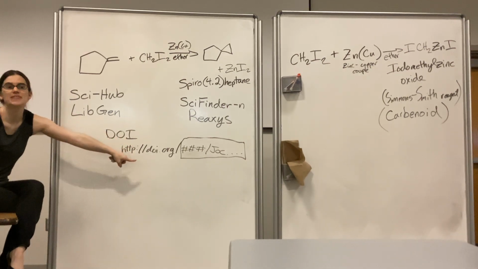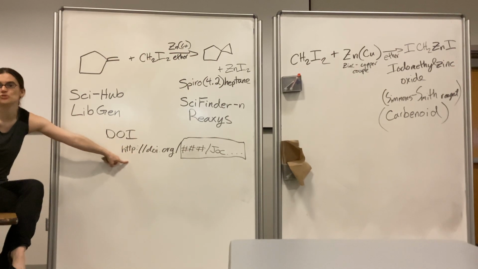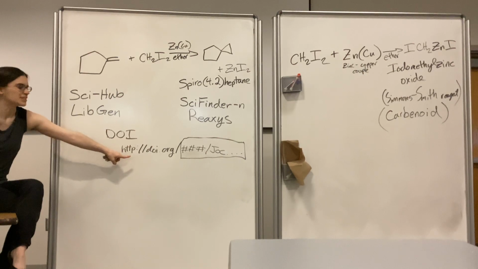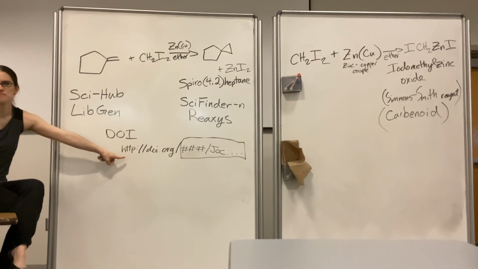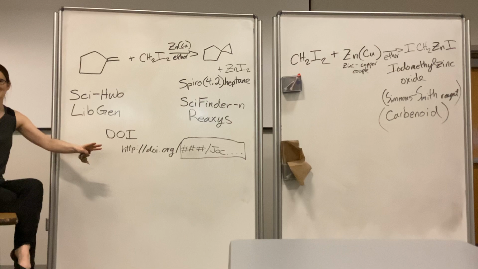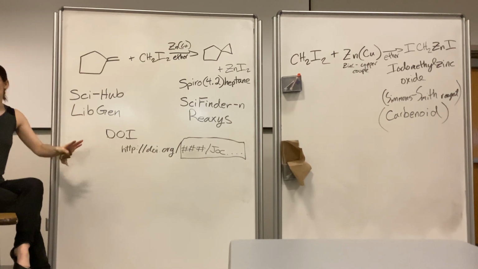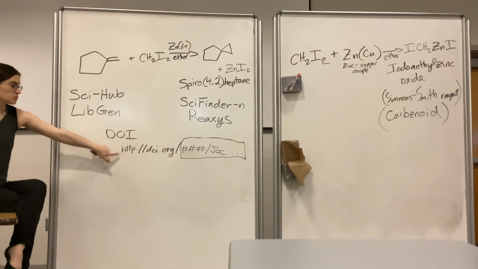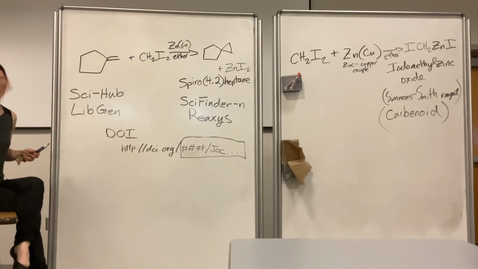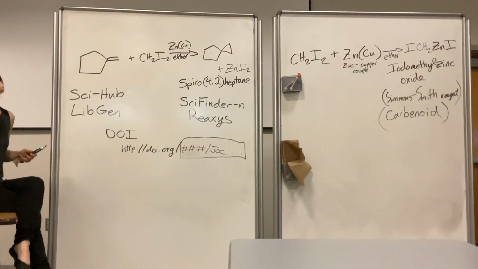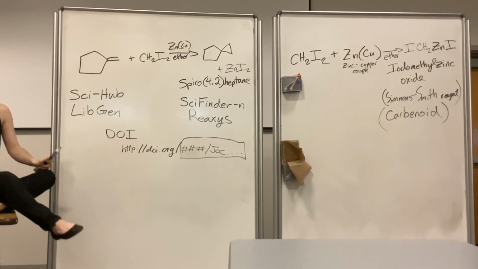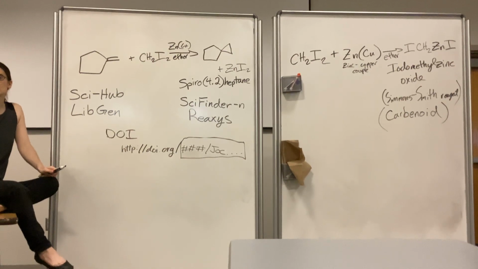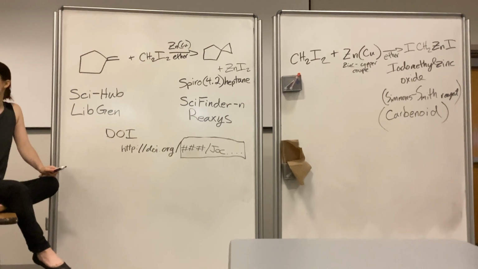That DOI is the address to any research paper. You can search for the title of the research paper, but sometimes that works, sometimes it doesn't. The DOI is always the address of it. So if you type in doi.org/ and paste the DOI in there, it may not take you to a place where you have access to the paper, but it will take you to the publisher's website for the paper.